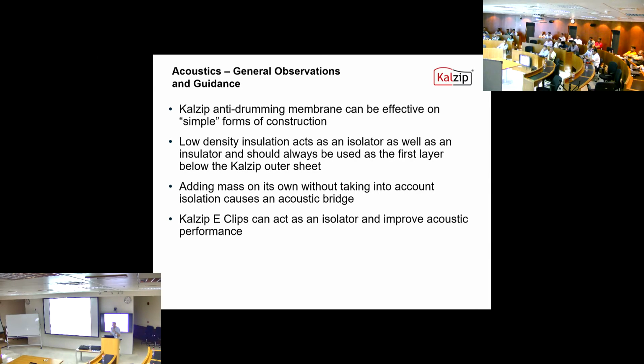The anti-drumming membrane, which is bonded to the underside of the pan of the Cal Zip sheets, is good for simple forms of construction, i.e. single layers of insulation. Low density insulation also acts as an isolator as well as an insulator, and should be used as a first layer below the Cal Zip sheet for your thermal performance.